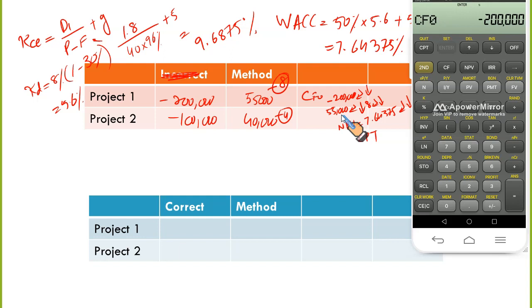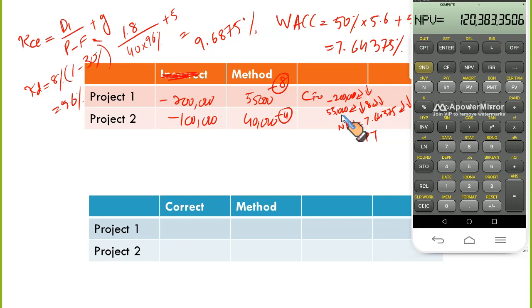200,000 negative, enter, down arrow key. Then we have $55,000, enter, down arrow key. There are 8 such inflows, enter, down arrow key. NPV, enter the interest rate, that was 7.64. You don't need to be that accurate. I'm putting all 5 places after decimal, 375. Enter, down arrow key, CPT.